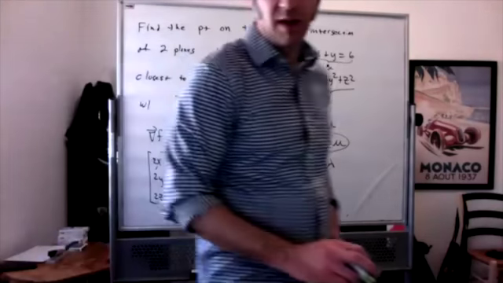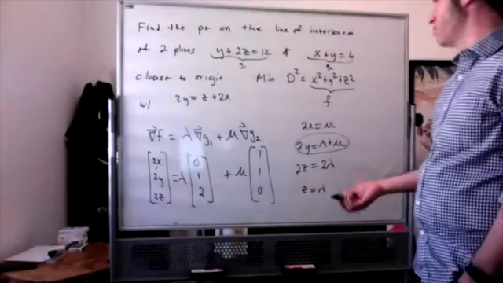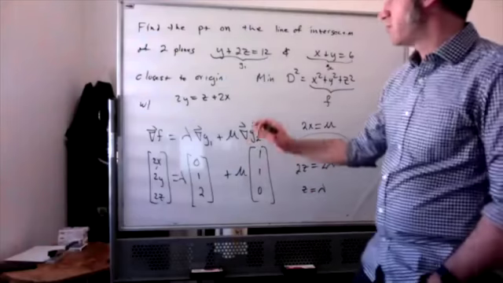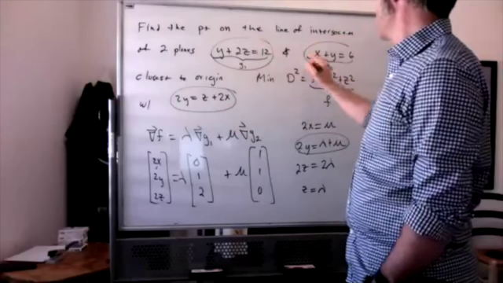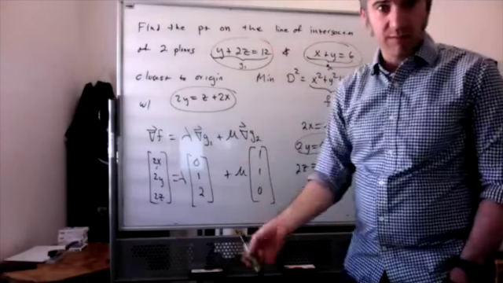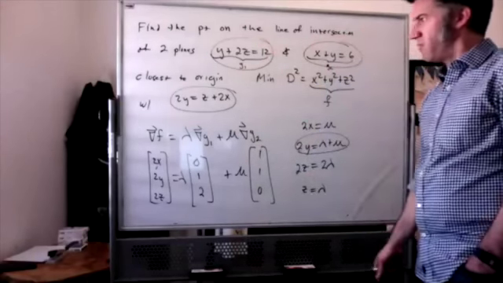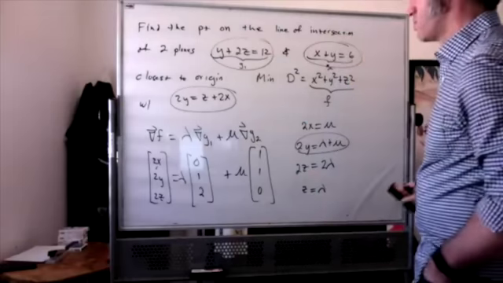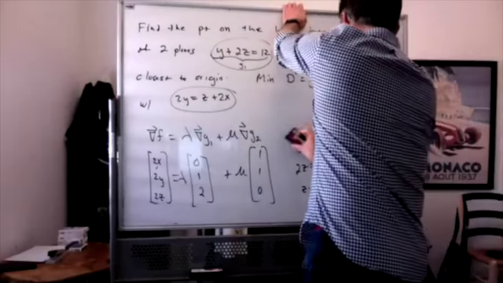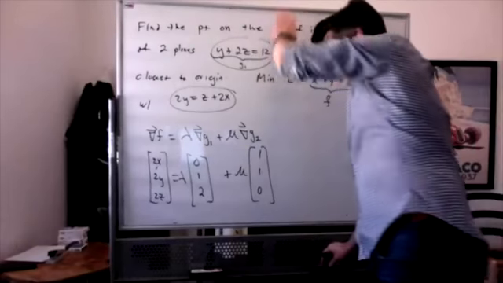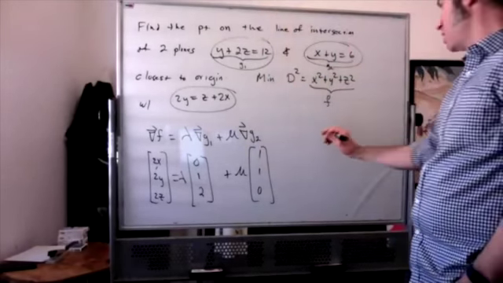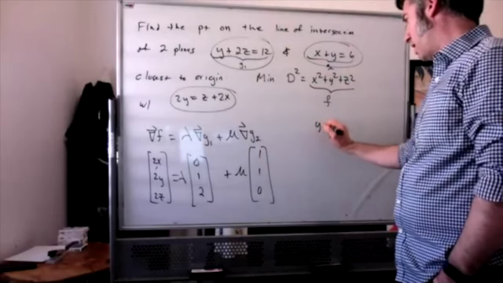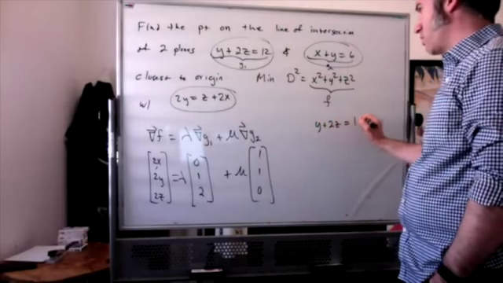Let's see, what else have we got here? Oh, yeah, I see. Okay. So now we've got 3 equations and 3 unknowns. Sorry, I hope you don't mind me erasing that. We can solve the system of equations here. I've got y plus 2z equals 12.